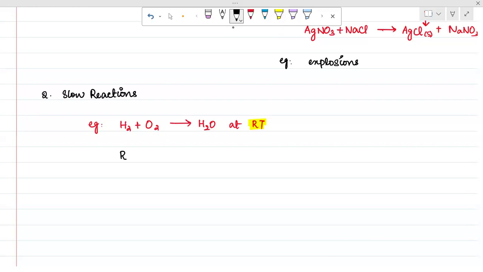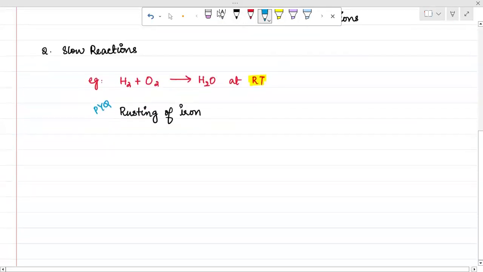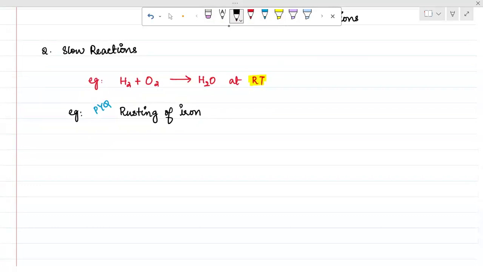Another example is rusting of iron. This is also a previous year question. This has been asked. Rusting of iron. So what happens when iron is exposed to air, which has moisture? It forms rust.